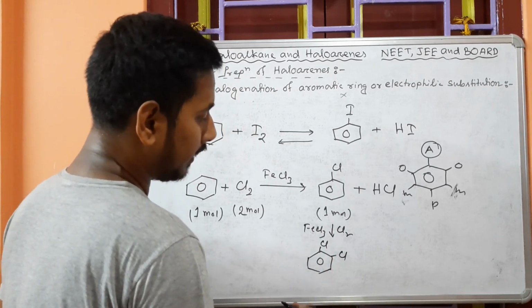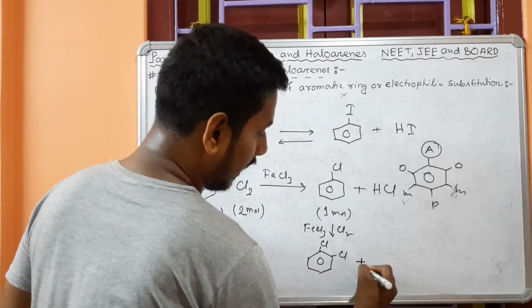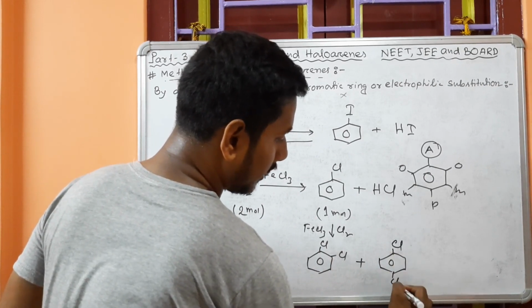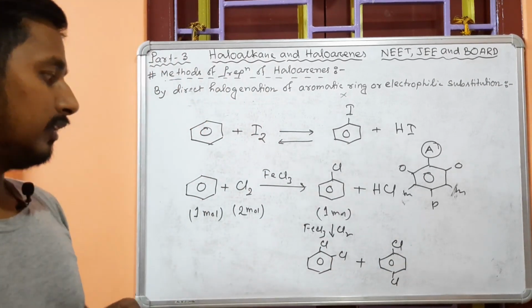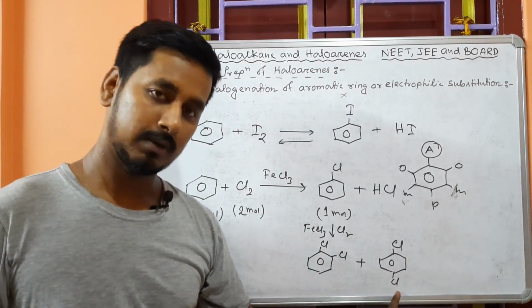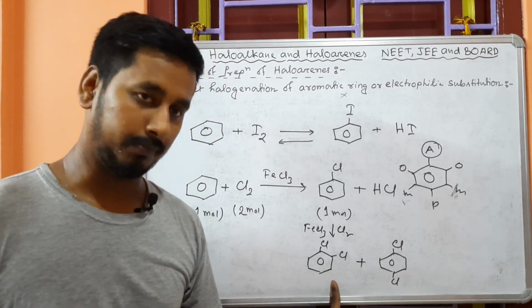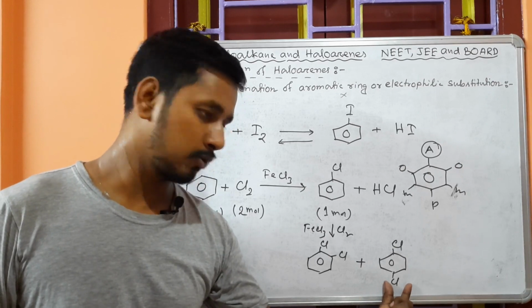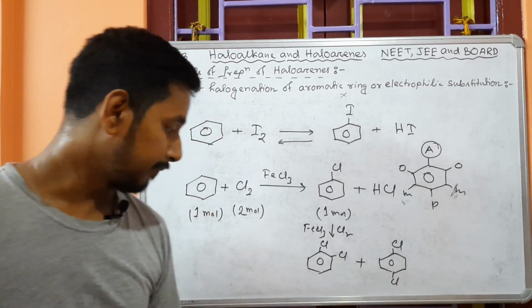This is ortho dichlorobenzene, and this one is para dichlorobenzene. So you get different products, ortho product and para product, and remember the para product is always more stable than the ortho. Okay, so this is the stable product, means this is the major product. This is major, this is minor.